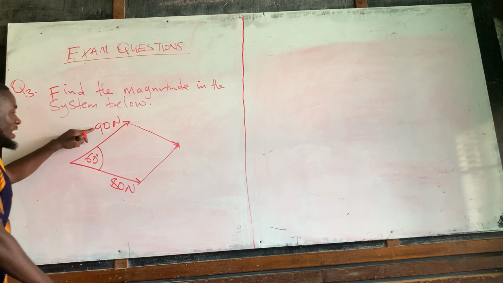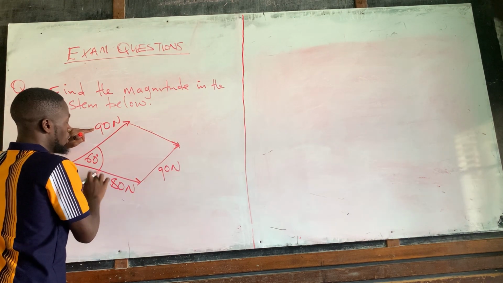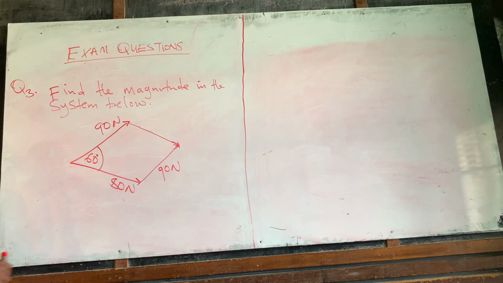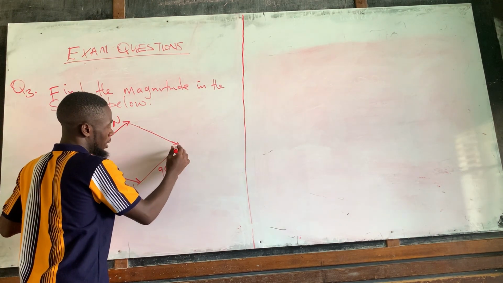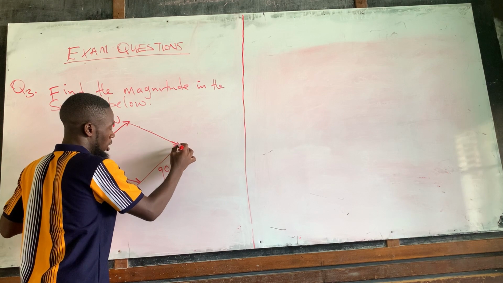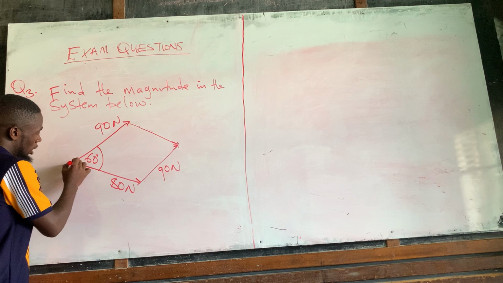So meaning this is just the same as this side here, and this one is just the same as that side there. That's the first thing you do, you form a parallelogram there. And here, they want the magnitude of the resultant. So the resultant that they want is this line here.